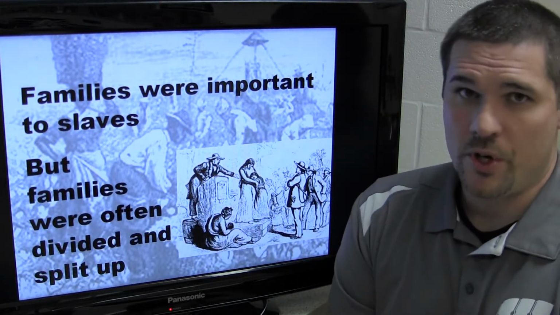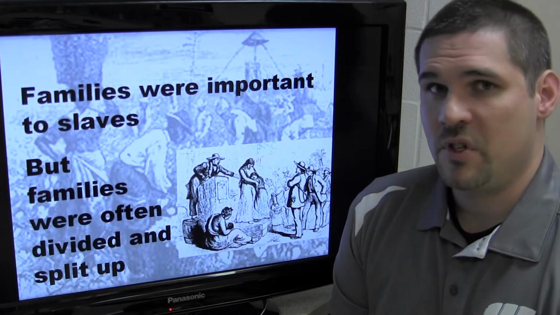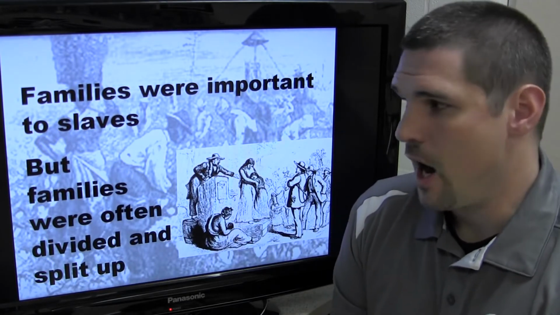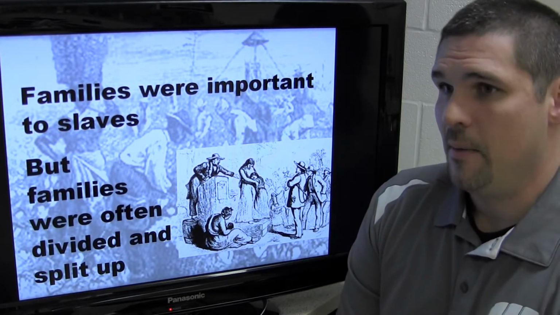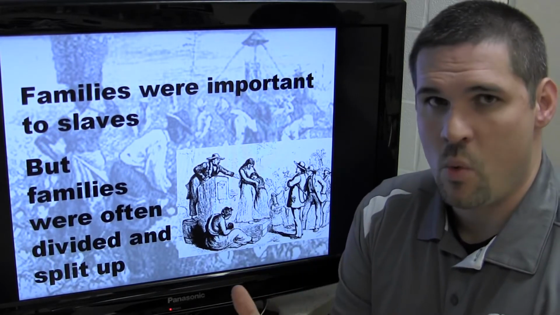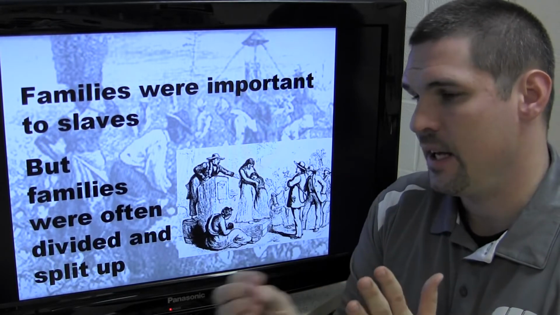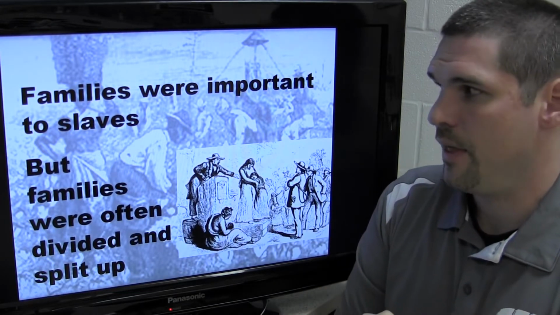Families were very important to slaves, and often families would be broken up at slave auctions, and they were divided, split up. Husband and wife torn apart, kids taken away from their mothers.